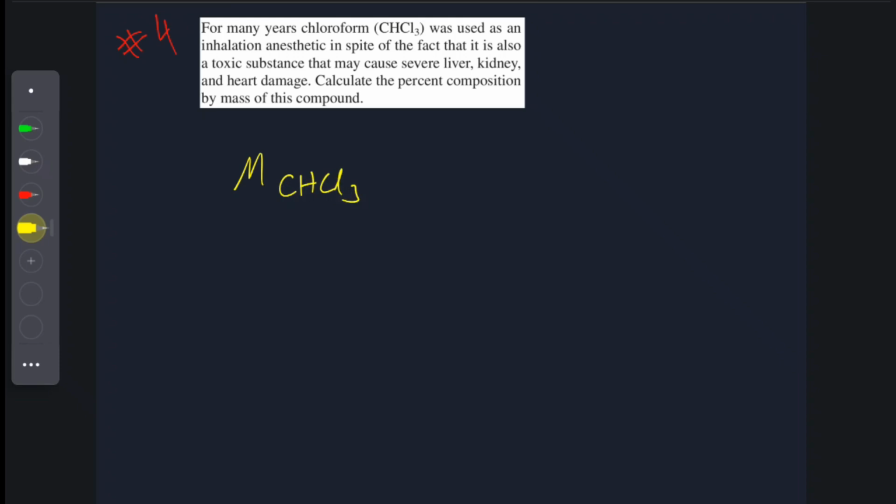In this case, we can look at the molar mass of carbon, molar mass of hydrogen, and molar mass of chlorine. The issue is that there are 3 chlorines, and this will be the molar mass of our compound.